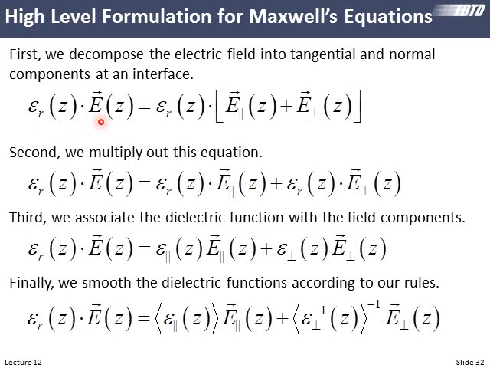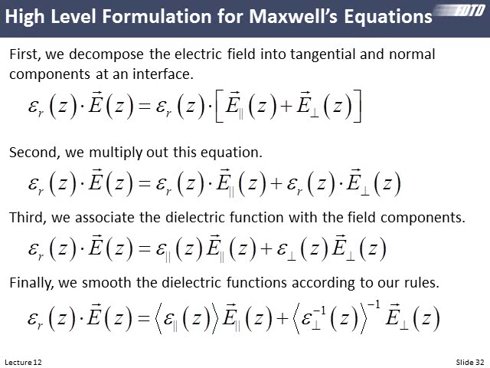So let's think about epsilon times E. One thing we can do is separate E into parallel and perpendicular components. If we add those together, we just get the total overall field E. Then we can multiply this out. We have an epsilon times the parallel component, and the same epsilon times the perpendicular component.